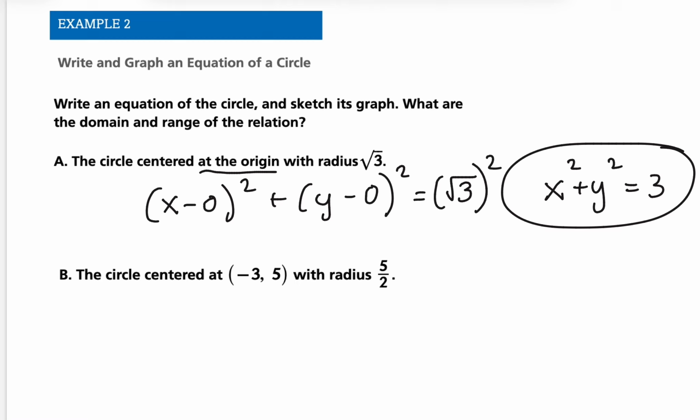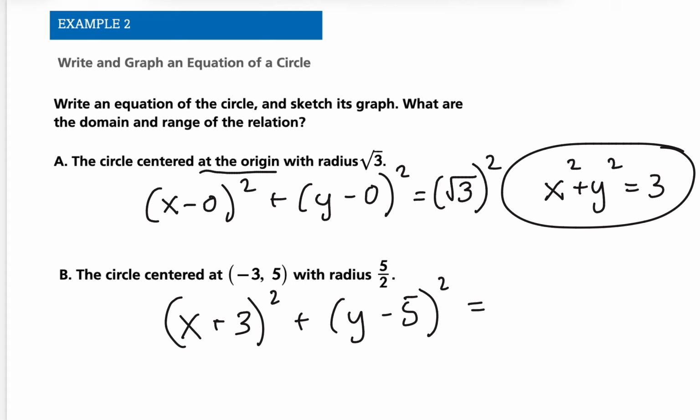And then our next one, we have (x plus 3) squared plus (y minus 5) squared equals 5 halves squared. And if you want to simplify the 5 halves squared, you can simplify that to 25 fourths.